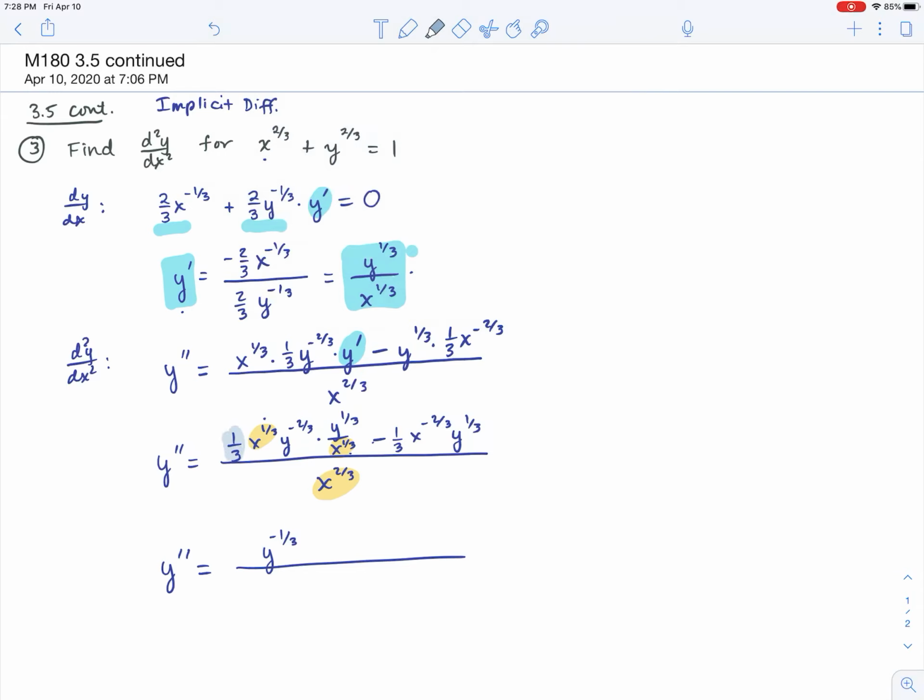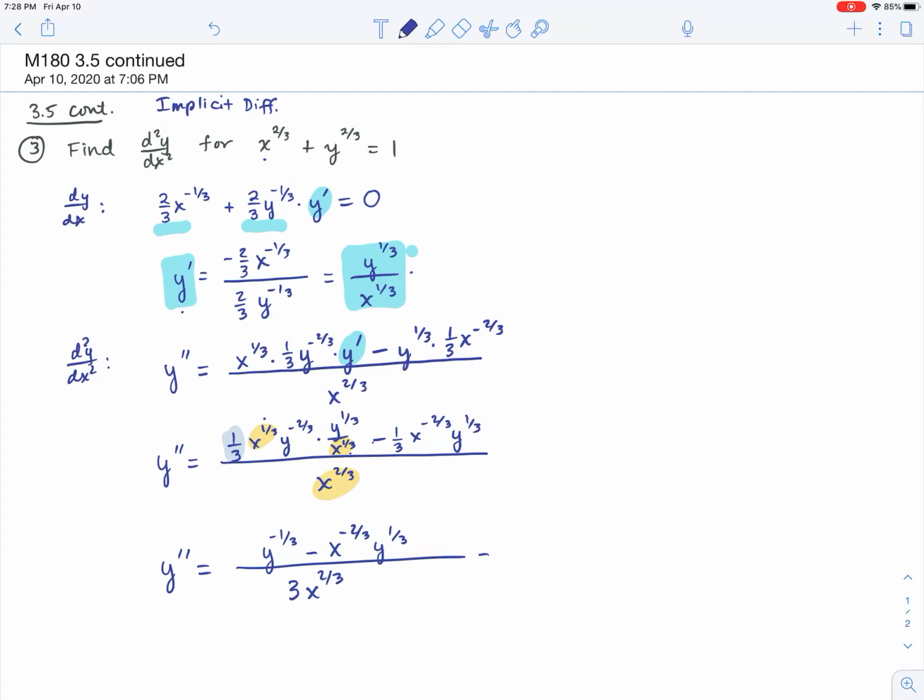I'm just going to put the 3 in the denominator. And then for our next term, we're going to have minus, let me go ahead and finish the denominator so I don't forget that either. And then the next term, we're going to have just the x to the negative 2/3, y to the 1/3.